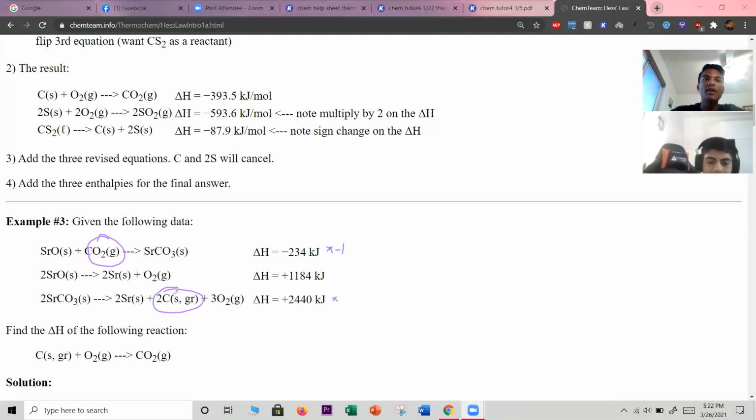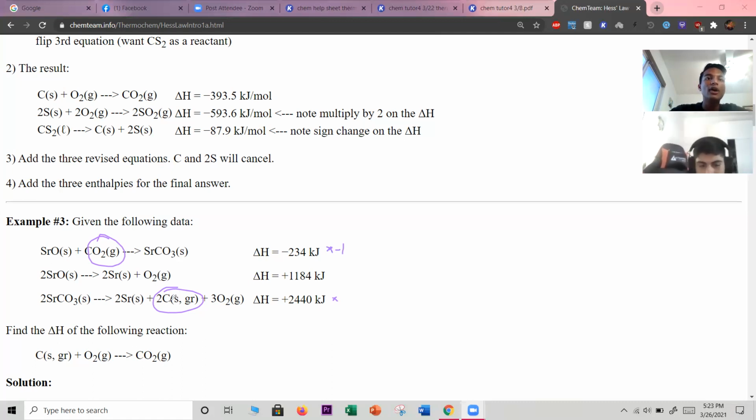So where are you trying to make the C end up? It's 2C over here on the products. Where are we trying to get it to? What you have to realize is that these are all individual products, individual reactants.